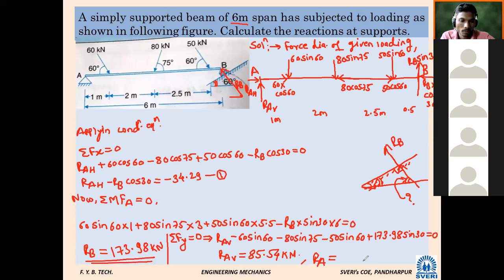What is the value of RA? I'm waiting for the answer. Shubham, what is the answer? Calculate. 85.54 square plus 30 square.